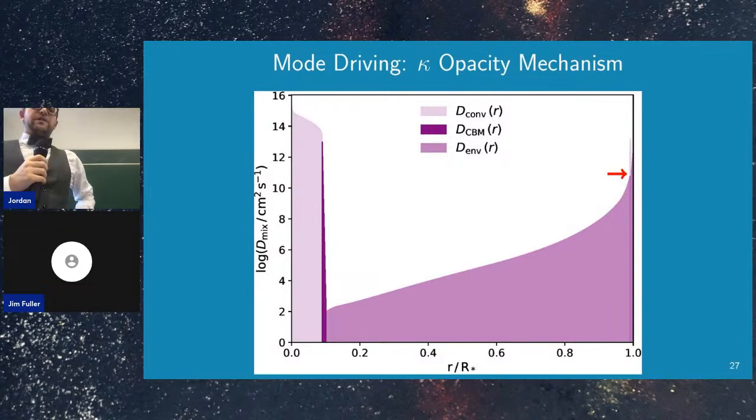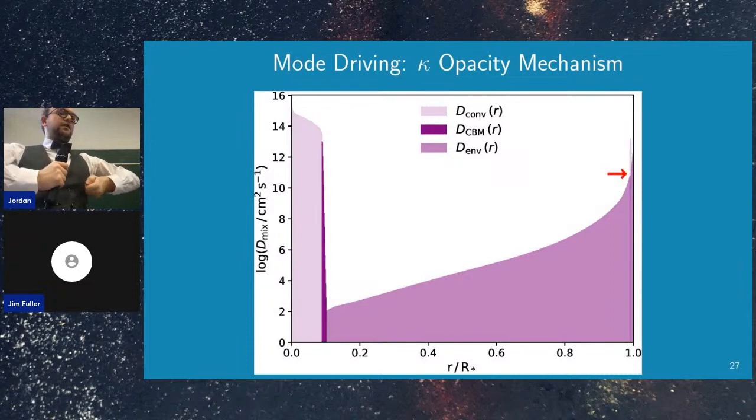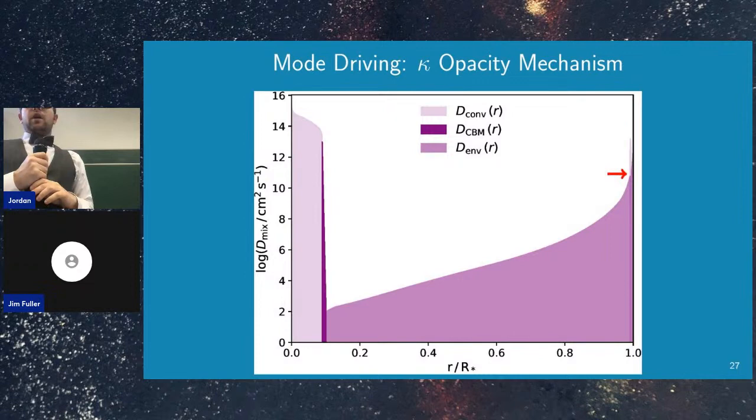When it compresses, you need to make sure that while you compress, you add heat to the local medium where you're compressing. If you do that, you can then start to add energy to your propagating wave. And this is in fact what happens due to the kappa mechanism. It's the heat engine mechanism.